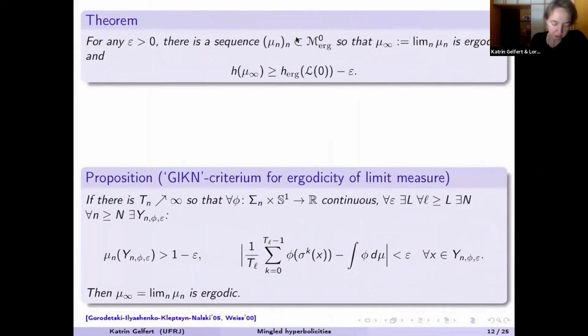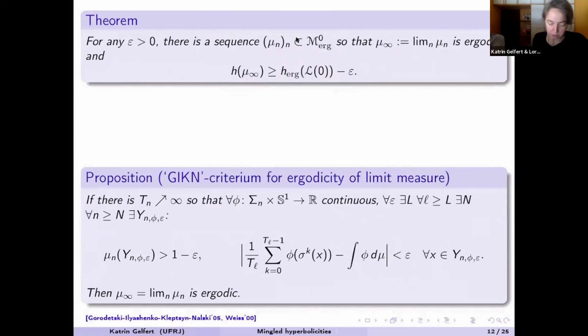Okay, so this is not so easy. So I would like to give an idea of the proof of the following theorem: there is a sequence of non-hyperbolic ergodic measures such that they converge to a measure which is ergodic and non-hyperbolic, and its entropy is as large as possible. So at most, well, close to the entropy of the zero level set, which is the upper bound for entropy.